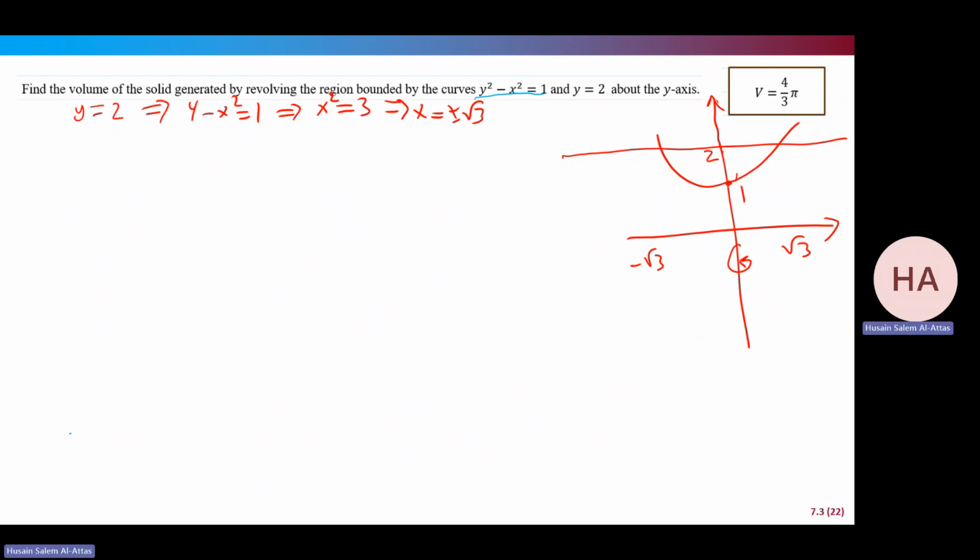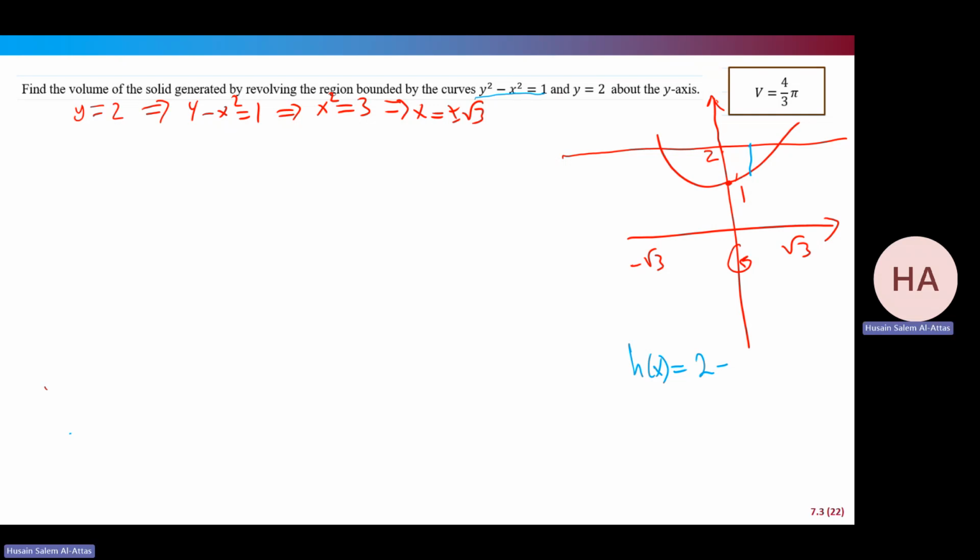I will do my line. My line will be parallel to the axis of revolution, which is this one. So h of x will be 2 minus the function.